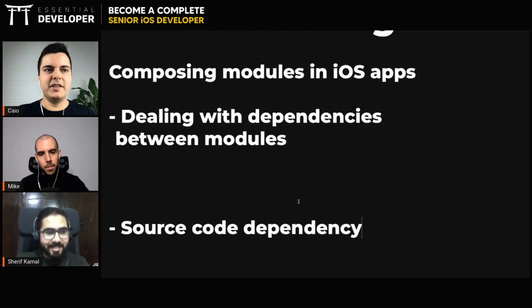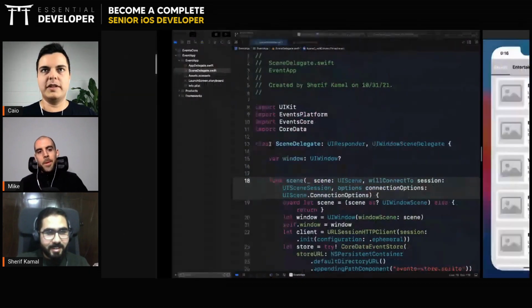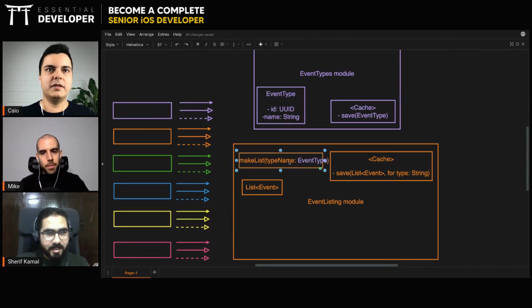Yeah, that's a good one. So a source code dependency is, for example, if you pass here the event type, you cannot compile this module if you don't import this other module. And then you create a dependency here, right?